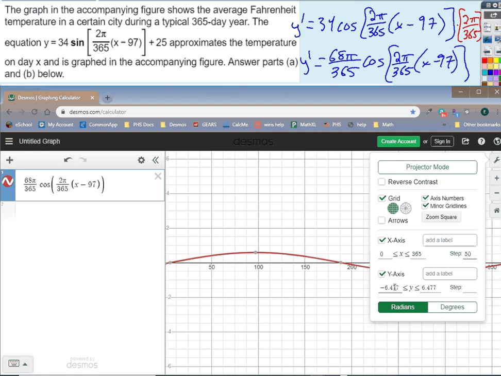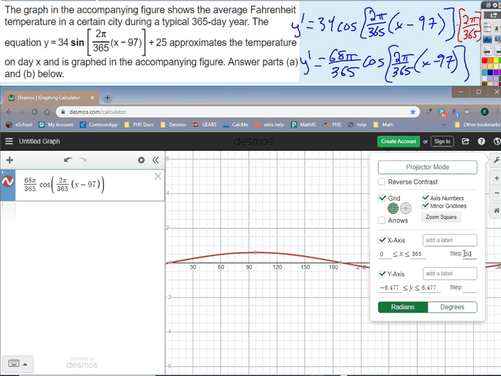Steps of like 30 or 31. That's a good idea. Okay, 30, that's months. And then y should probably go from where to where? It maxes out at 68 pi over 365. So what's that going to be? About a little less than 1. So we'll just go from -1 to 1.